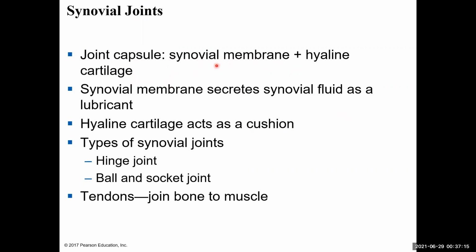Now, that synovial membrane, it secretes what's known as synovial fluid, and this fluid serves as a lubricant to make sure that there's no friction as those bones kind of glide across the cartilage as you move, say, your elbow, and so it makes sure no friction happens.